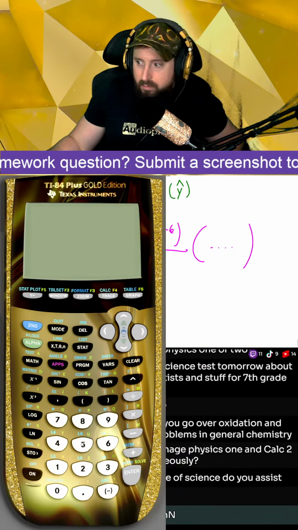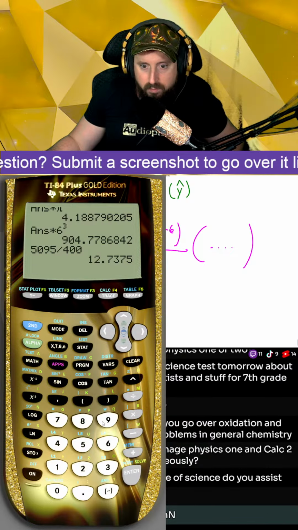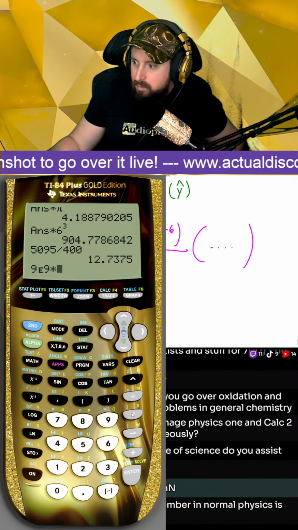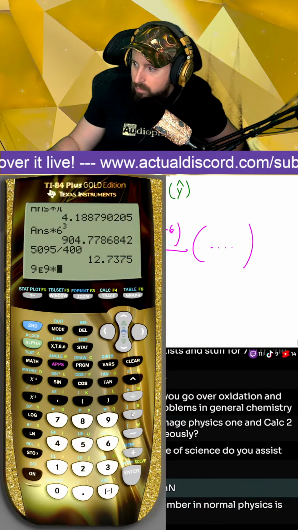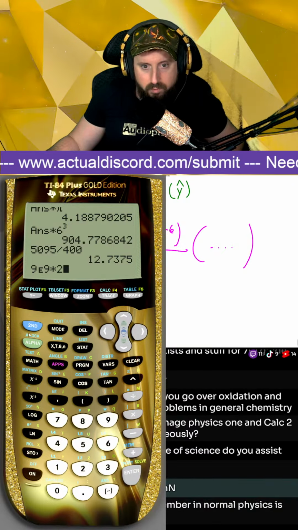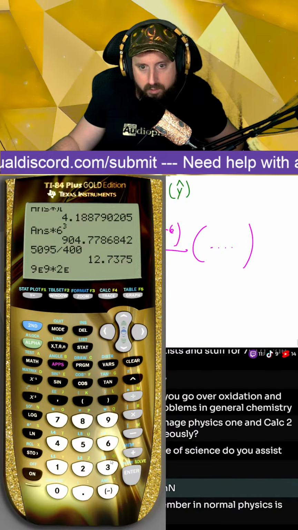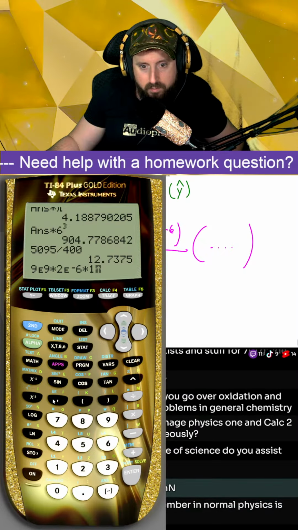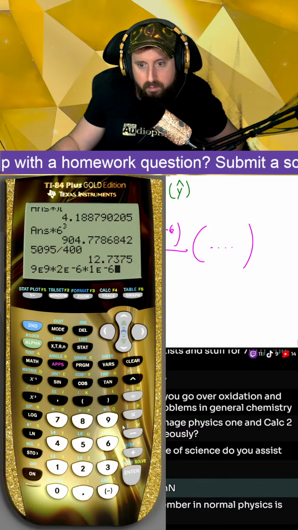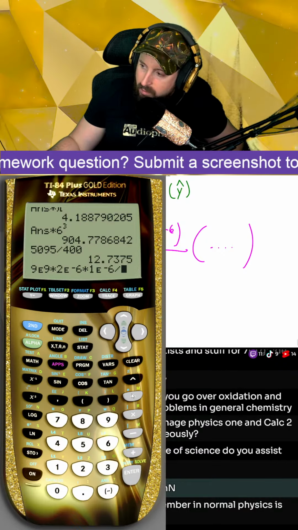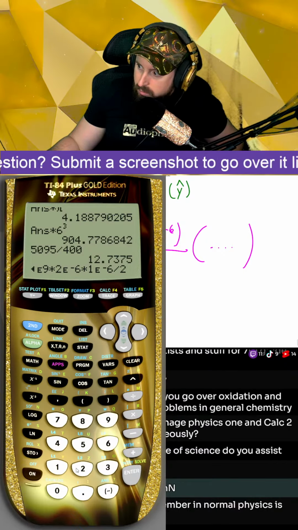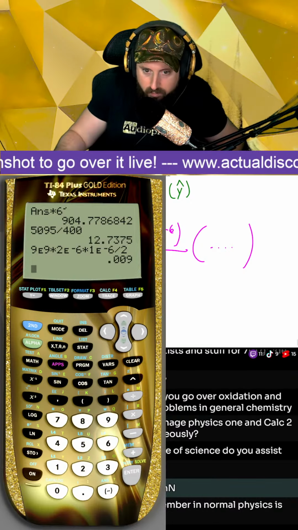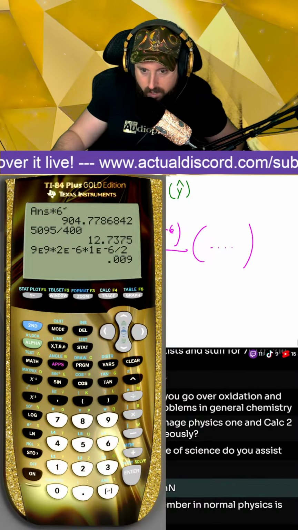All right, so that's 9e to the 9 times 2e to the minus 6 times 1e to the minus 6 divided by 2. So that's 0.009. Okay, so this is 0.009 newtons.